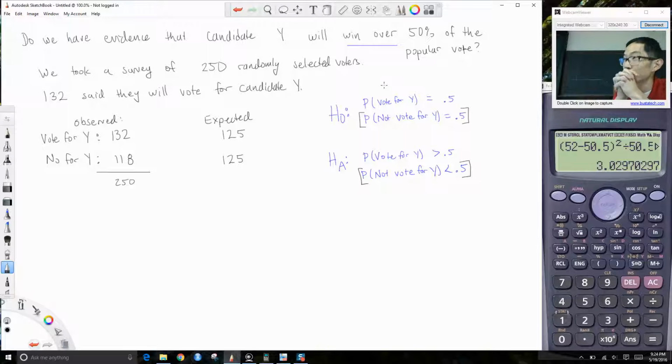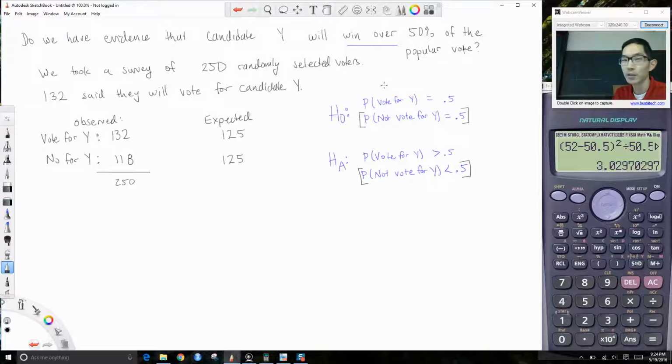Okay. So it doesn't have to be stated as, we think it will be this. If you just ask, will they win over 50% of the vote, that becomes your expected. Right. So that implies I'm expecting 50%, and then the alternative would be that it's going to be more than that.